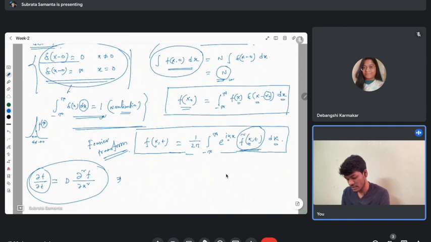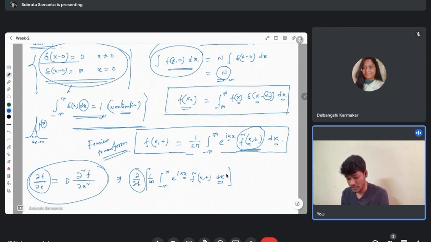So this implies del t of 1 over 2 pi, integral from minus infinity to infinity, e to the power ikx f tilde of k, t dk. Because the variables k and x do not depend on time, this del t actually operates on f tilde only.